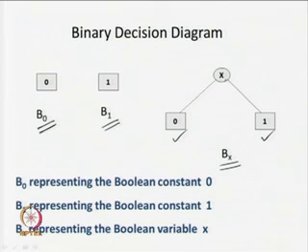That means, when x is equal to 1, my functional value is 1. So, this is the BDD representation of any Boolean variable x. These are the 3 primitive BDDs, and with the help of these 3 primitive BDDs, we are going to construct the BDDs of any given Boolean function.